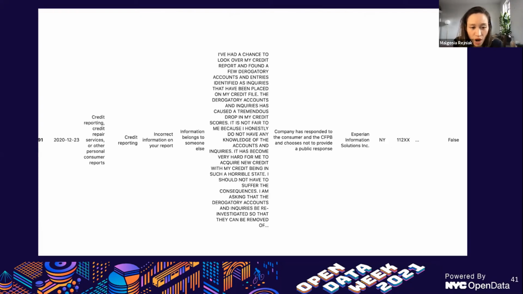So this is just one example of what's provided within the consumer complaint database. There are a couple different ways that you can submit your complaint. One of them is by web. The other one is through phone call.